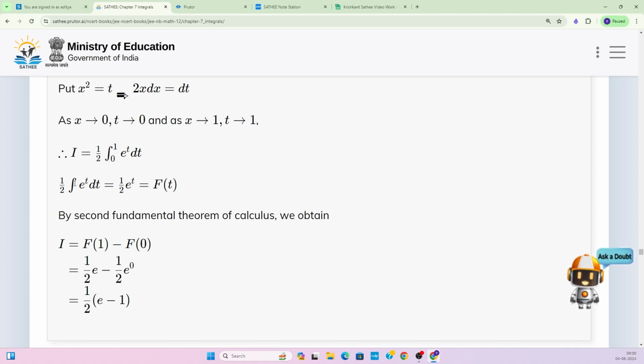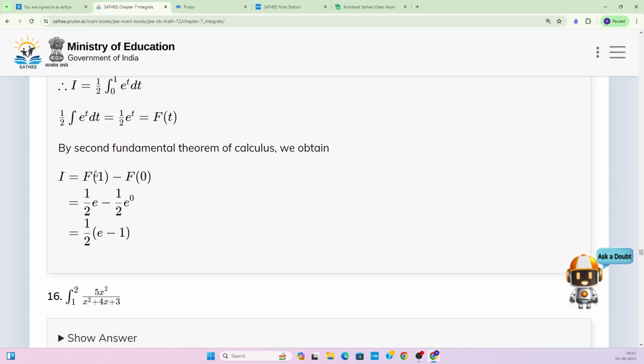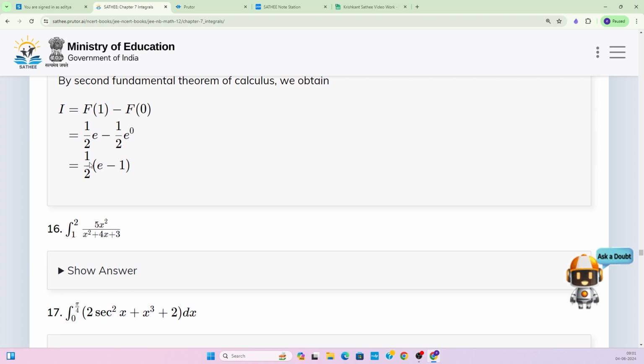This means half of the indefinite integration of e to the t dt is equal to half of e to the t, which is capital F(t). Using the second fundamental theorem, you will get F(1) minus F(0), sorry, you will get half of e minus half of e power 0. This means half of (e minus 1) will be your final answer for this.